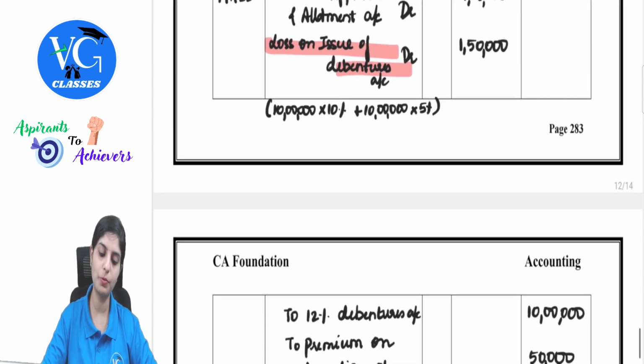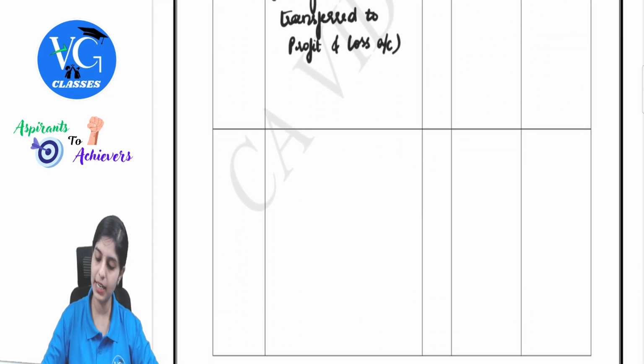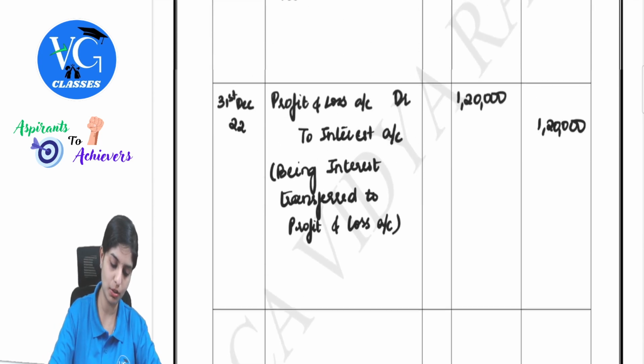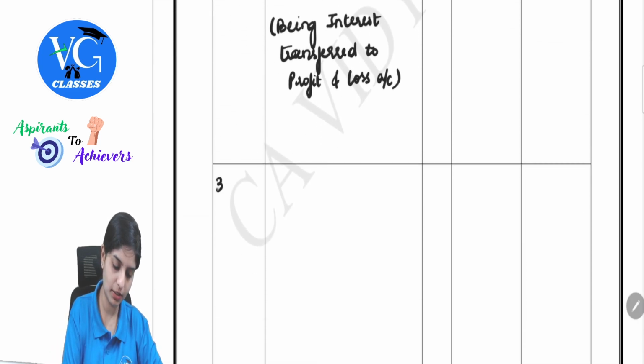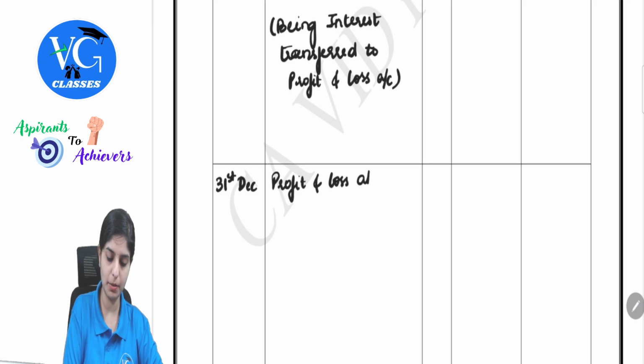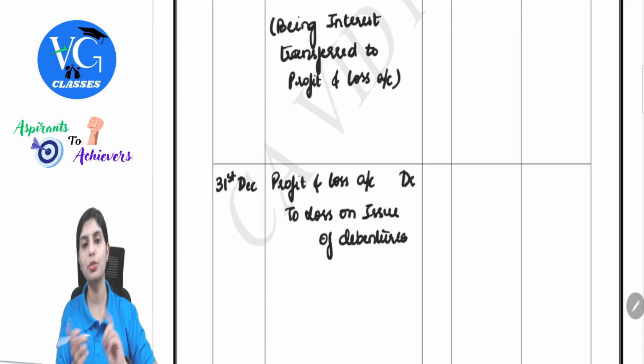What was the loss on issue of debentures taken? 1,50,000 divided by 5 years. Each year we will write off 30,000. So 31st December, profit and loss account debit to loss on issue of debentures. This also includes your discount and loss both together.